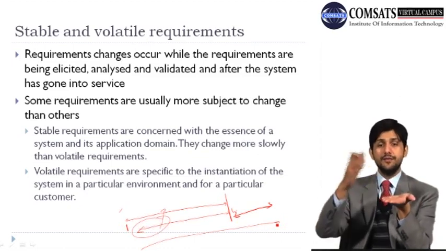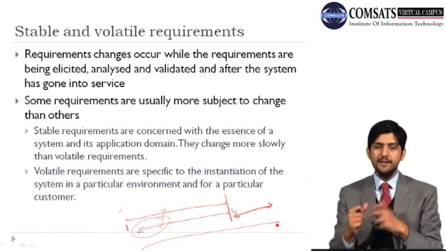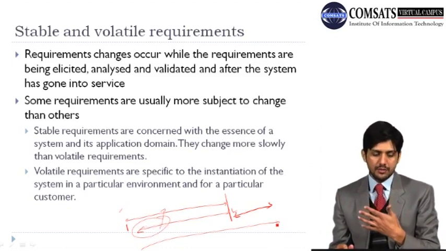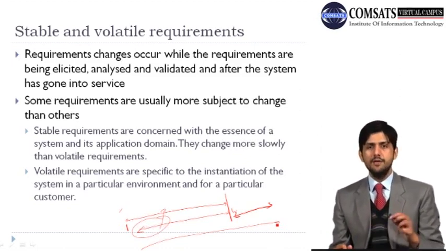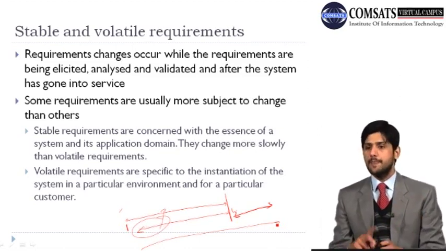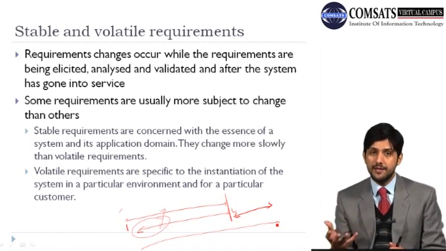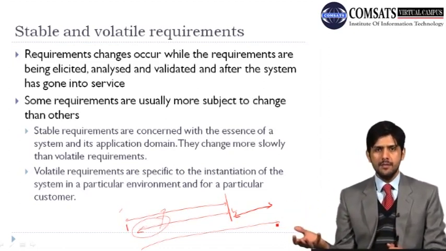Because the architecture of your system is based on those requirements, you don't want them to change a lot. But then there are some volatile requirements which are specific to the instantiation of the system in a particular environment and for a particular customer. For example, we've discussed the example of enterprise resource planning software. Now the core of ERPs stays the same.